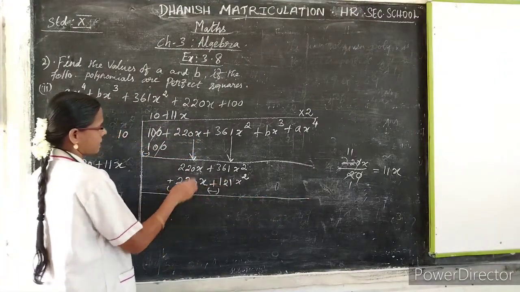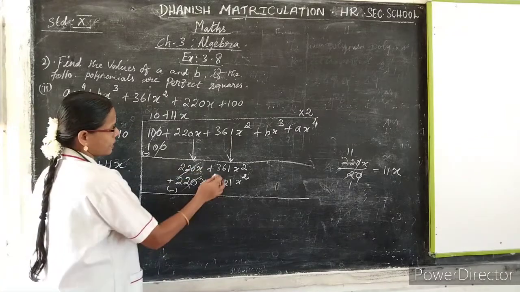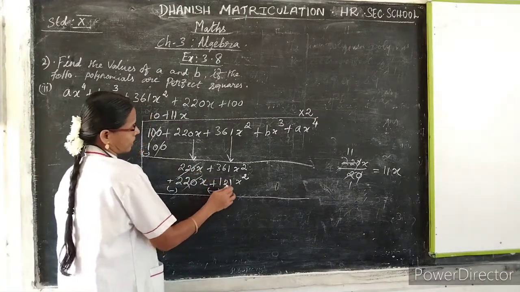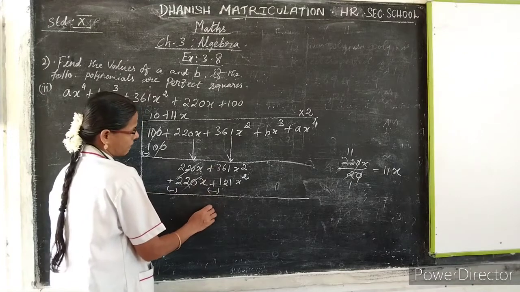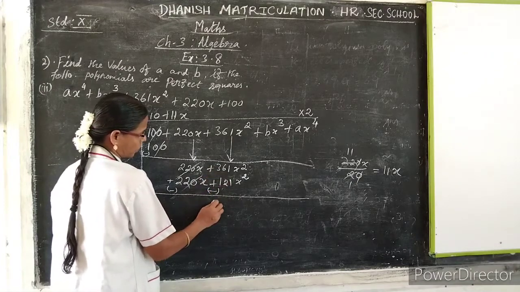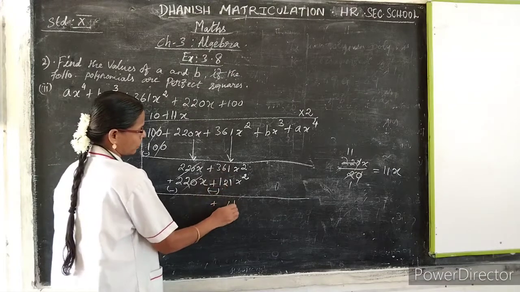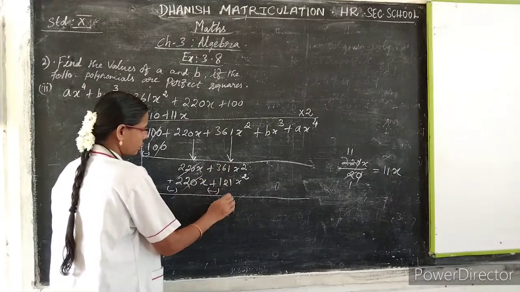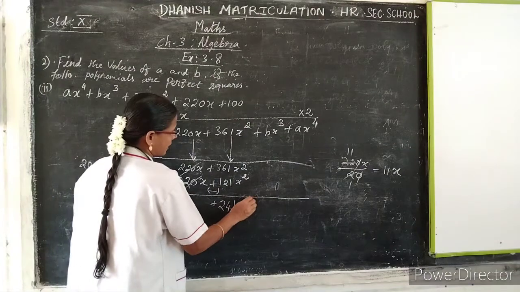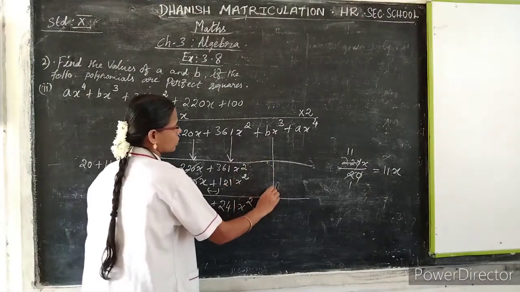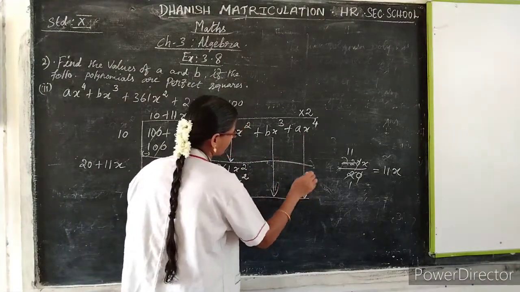Here also minus. These two terms get cancelled. 361 minus 121: subtract and put the sign of the greater number. The greater number is 361, that sign is plus. So 1 minus 1 is 0, 6 minus 2 is 4, 3 minus 1 is 2, 241x square.